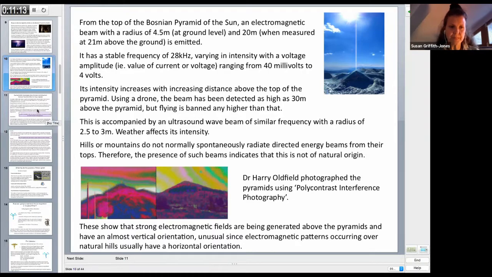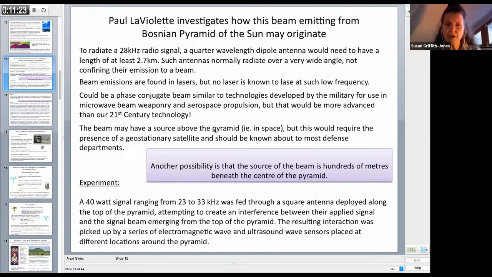And this is not only for the Pyramid of the Sun. You can see this vertical orientation on the other pyramids and on the tumuli also of the Bosnian complex.